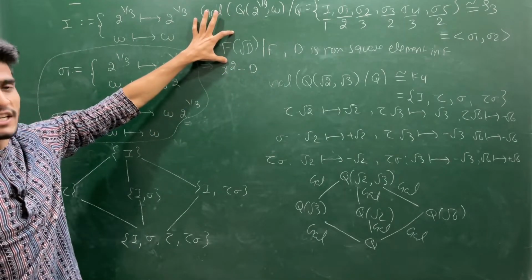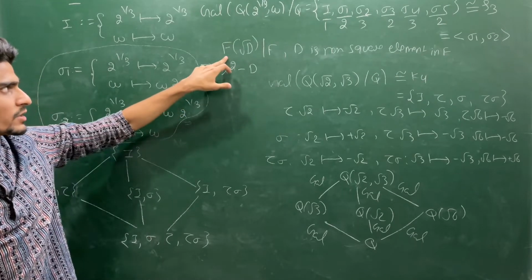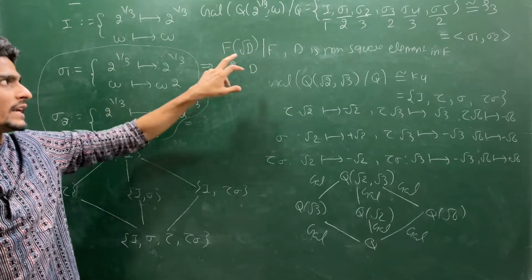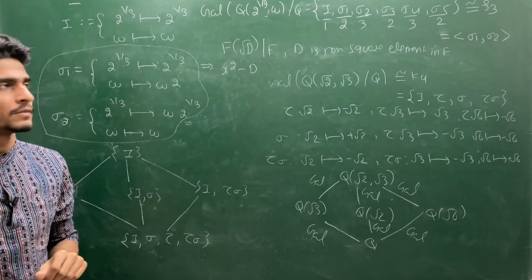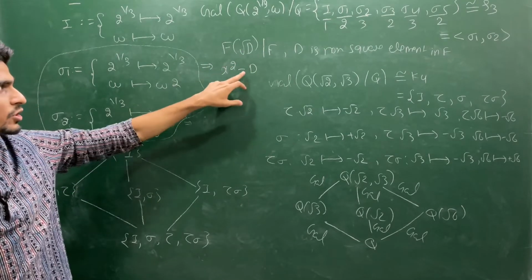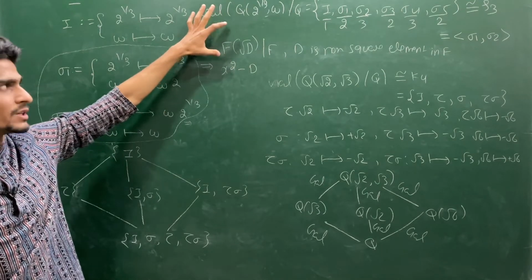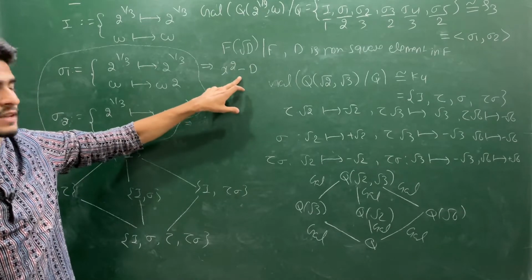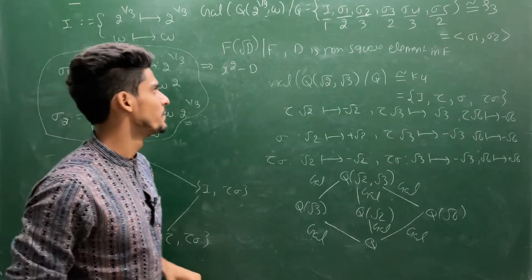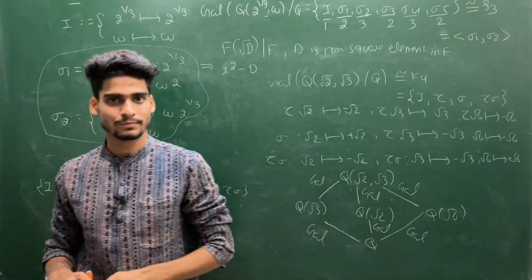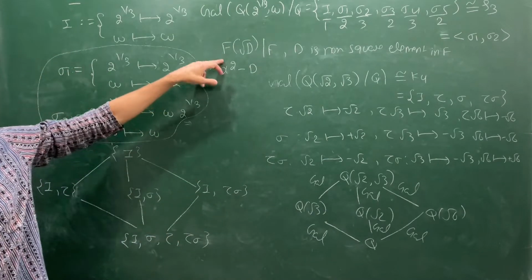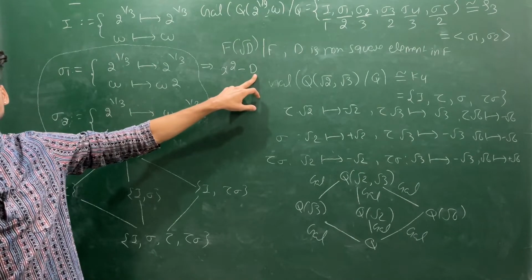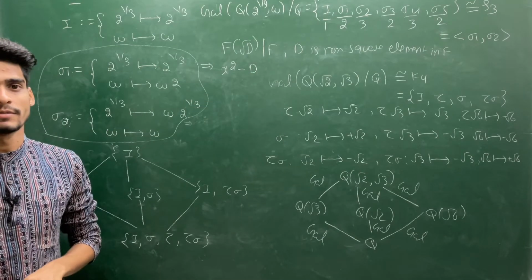This field extension F adjoin root D contains root D, and if it contains root D, then it contains minus root D. So x squared minus D splits completely in this. So this is the splitting field for this polynomial over F, and it is separable because it has 2 distinct roots, root D and minus root D. So every degree 2 extension, every quadratic extension, is a Galois extension.